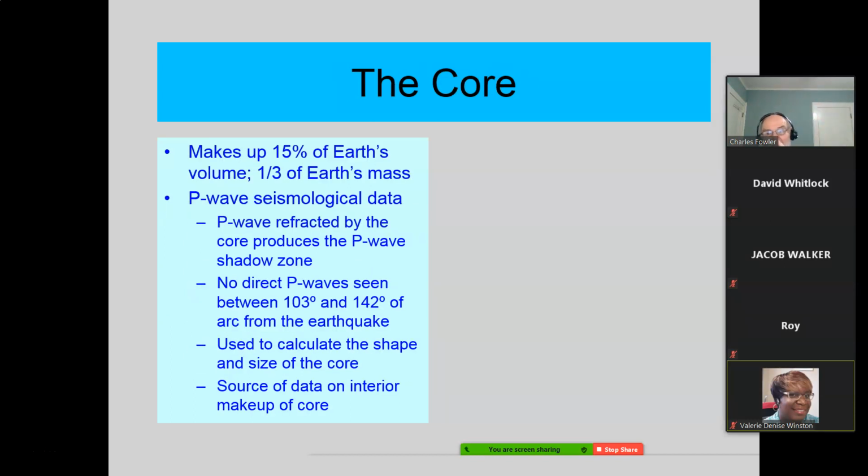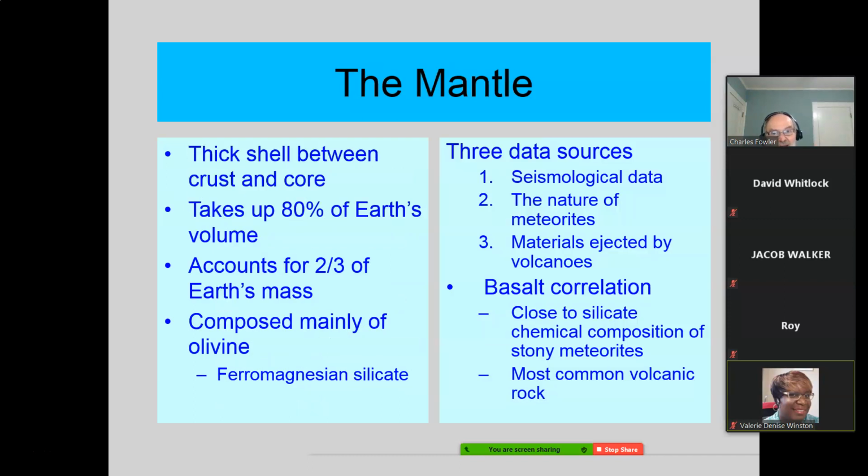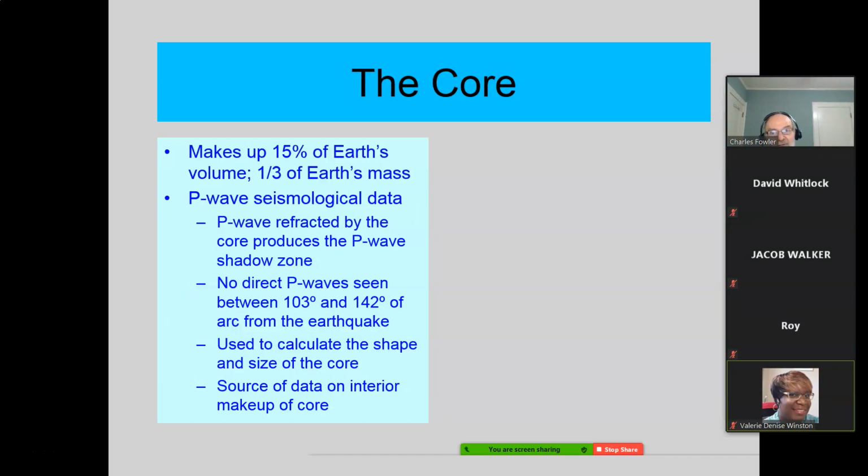So it's much smaller volume than the mantle. What would that leave the crust as being? 80% is the mantle, 15% is the core. This is the volume. 80 and 15 would be 95, so 5% of the volume of the Earth is made up of the crust.